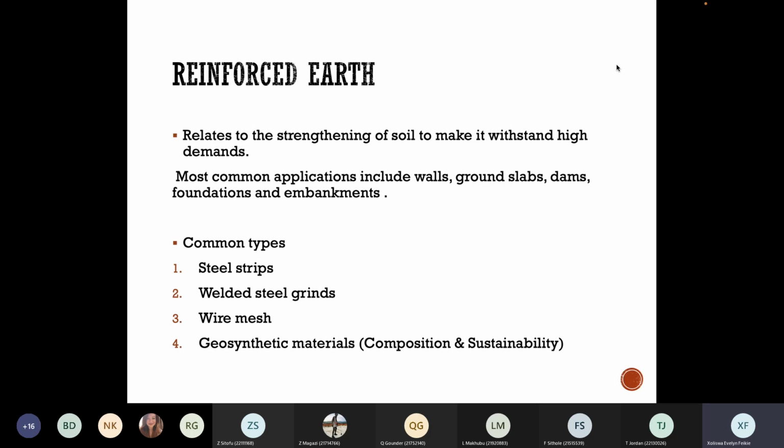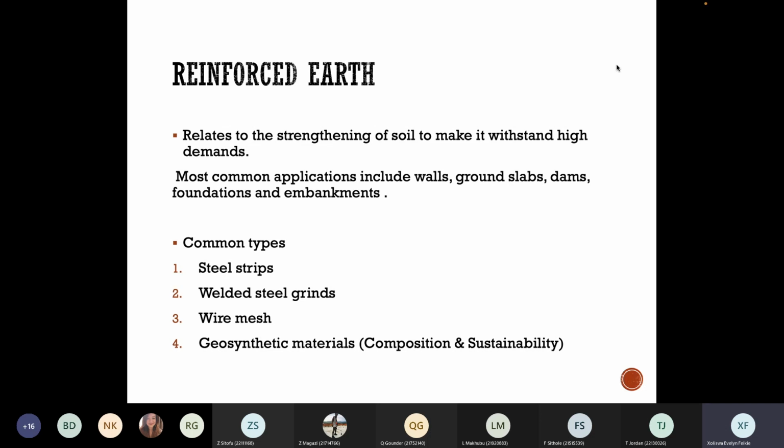So in terms of geosynthetic materials, they normally use these right now, and they say it's good because they use polymers relating to plastic, and because plastic is something that is abundant and we don't know how to recycle most of the time, it kills almost everything that we have. And therefore, that's why it's important to make sure that we try as much as we can to be sustainable.